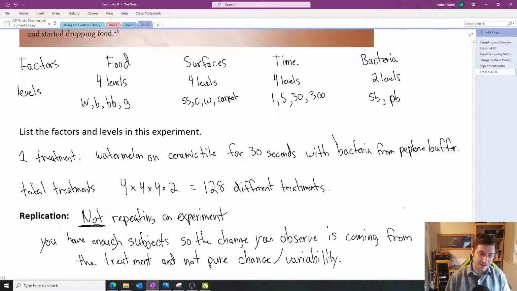All right. Think of the results replicating themselves in your experiment enough that what you see and observe is not coming from chance, but from whatever treatment you prescribed.